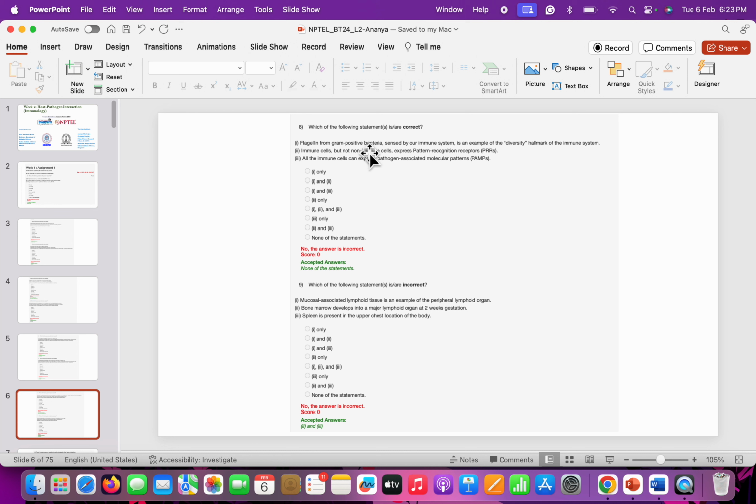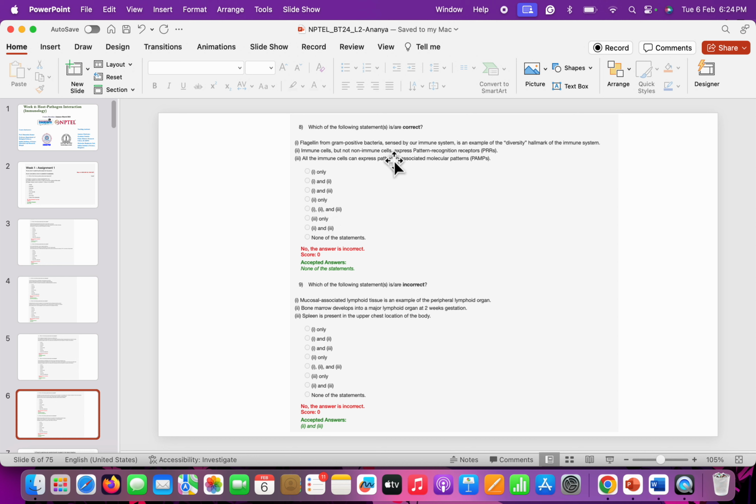The first one, no. The second, no. The third, all the immune cells can express pathogen-associated molecular patterns, no, this is also not correct. So which are correct? It will be none of the above statements.